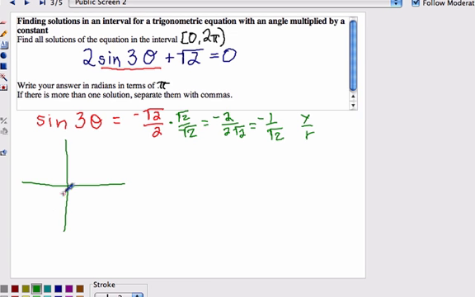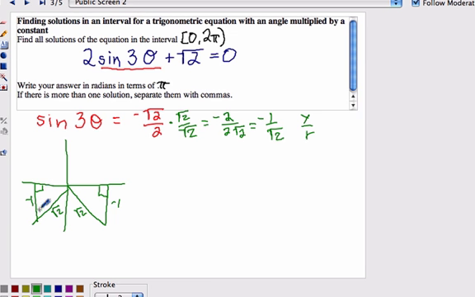So I'm going to draw reference triangles in quadrant 3 and 4. And I can see here that y is a negative 1 and my r value is the square root of 2. So I have these two reference triangles.